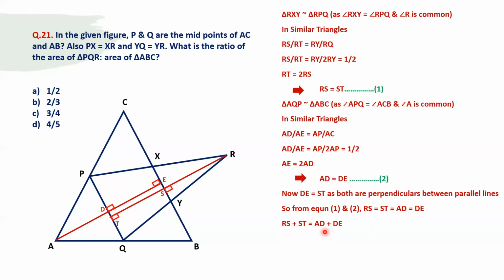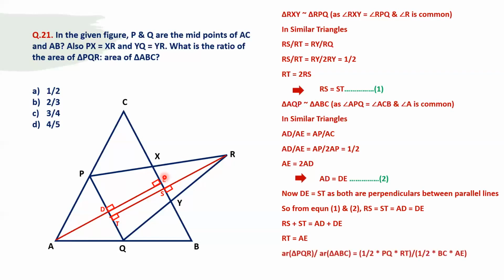Now what are we saying? RS plus ST is equal to AD plus DE, or you can say RT is equal to AE. So which means heights are equal in both the triangles. Now it's a matter of base only, which will determine the area.